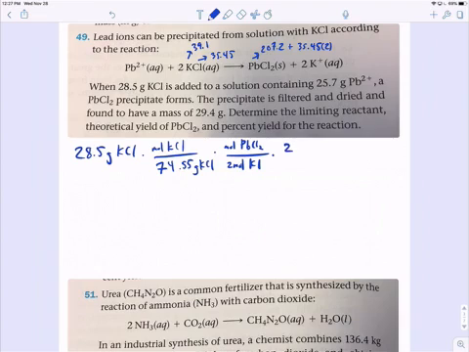So that'd be 278.1 grams PbCl2 per mole PbCl2. Am I doing that right? I'm just doing it in my head. I should probably use a calculator. 207.2 plus 70.9, 278, okay.